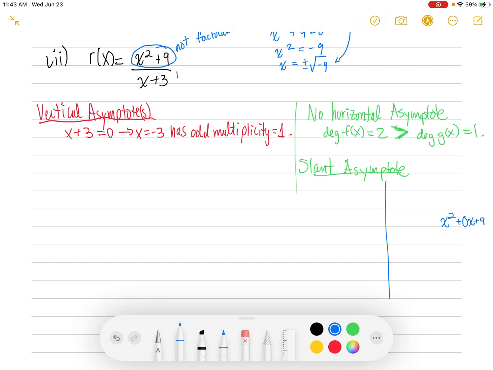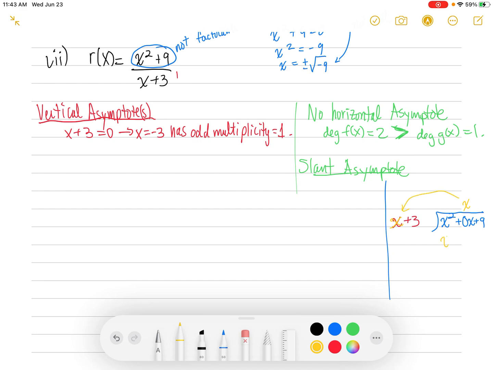So to find the slant asymptote, I'm going to take x squared plus 0x plus 9, that's my top. I'm going to divide into that x plus 3. I'll make that x out front yellow. I'll call that the yellow x. I've got to figure out what times that yellow x will give me x squared.